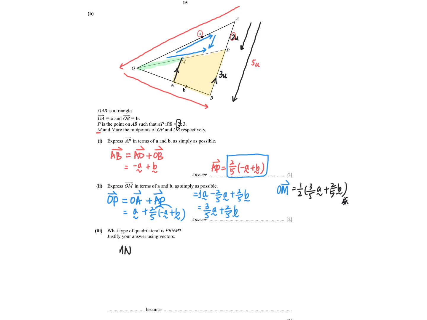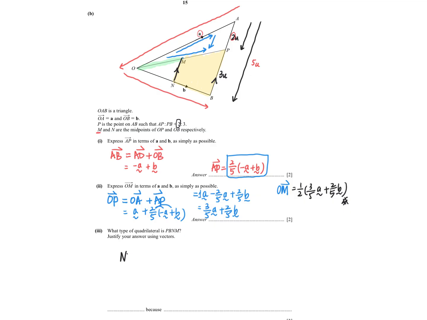So to find MN, I need NO. No, M. Why did I write MN? Sorry, wait. I should find opposite direction, right? I should find this.